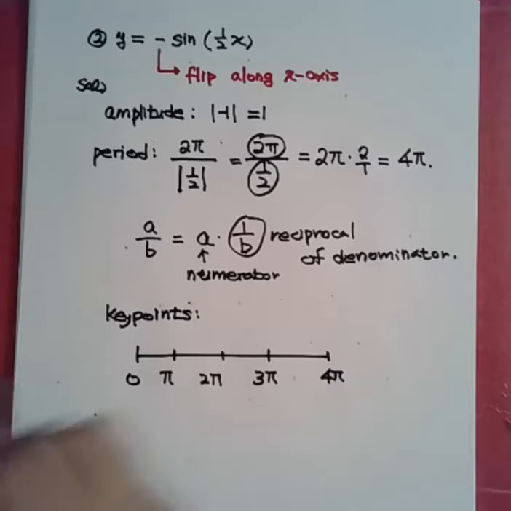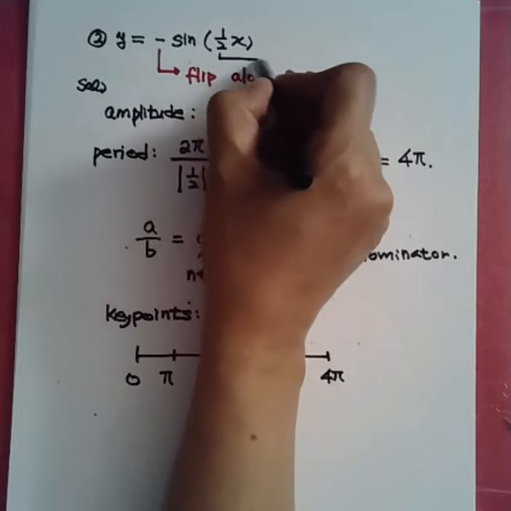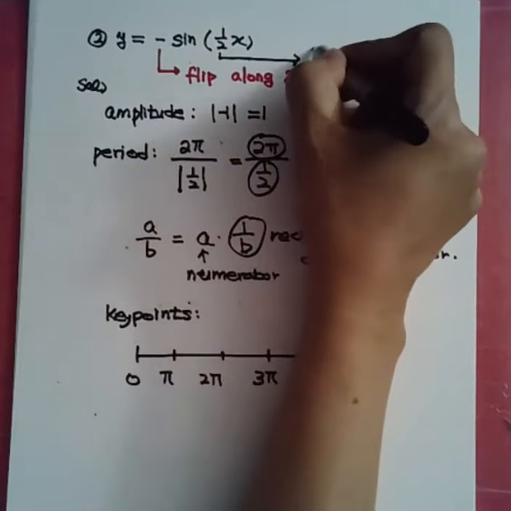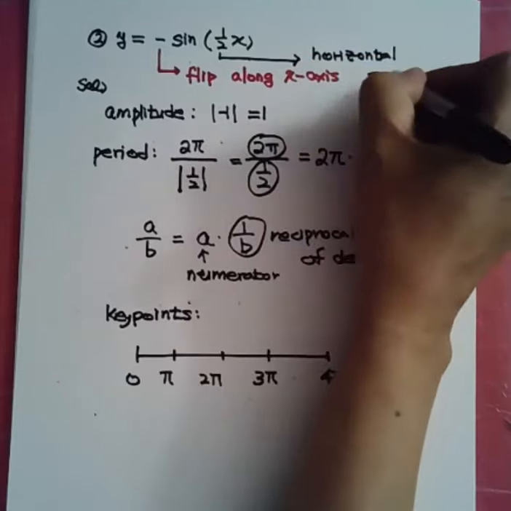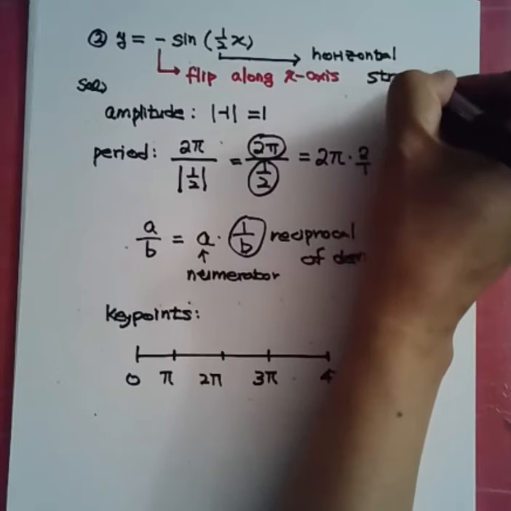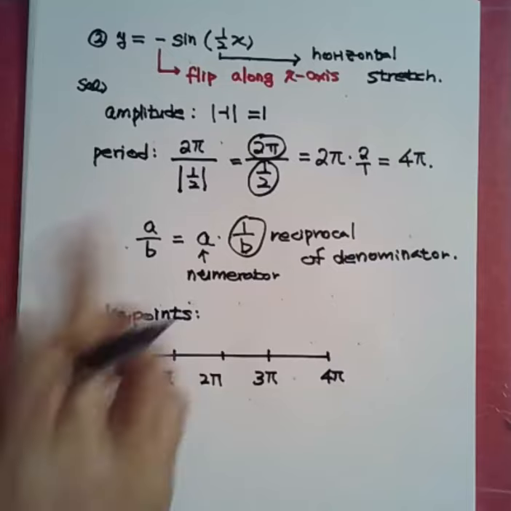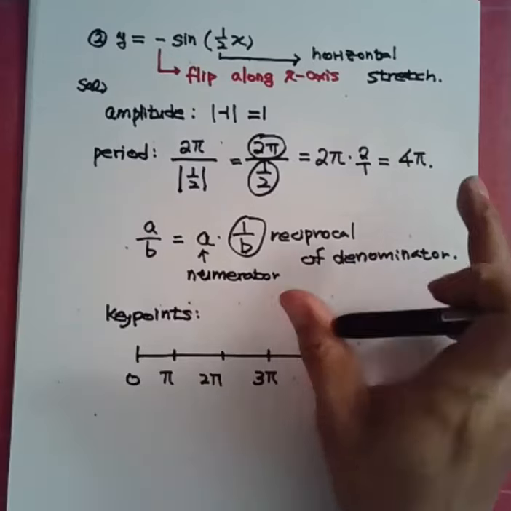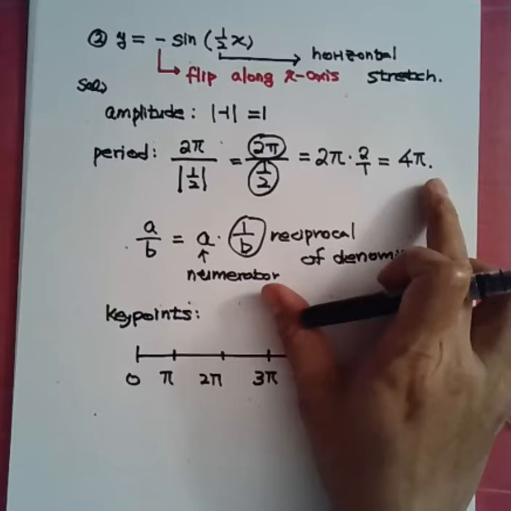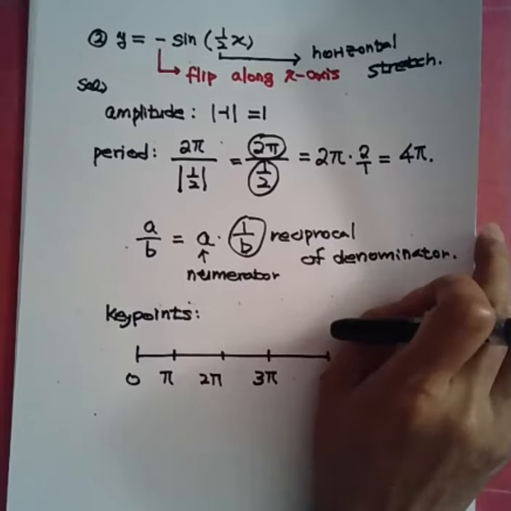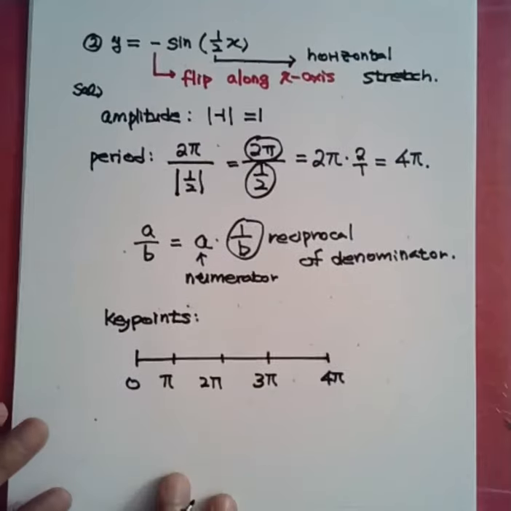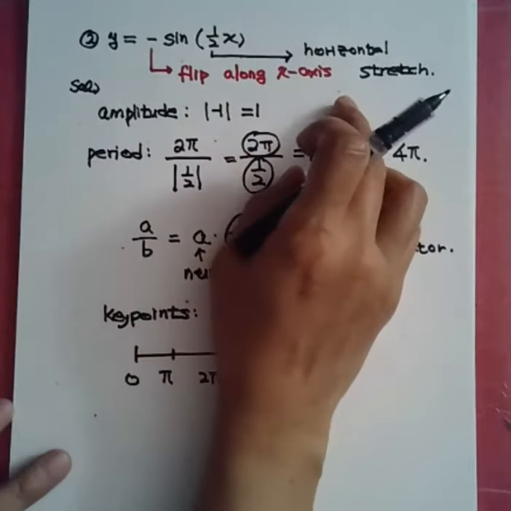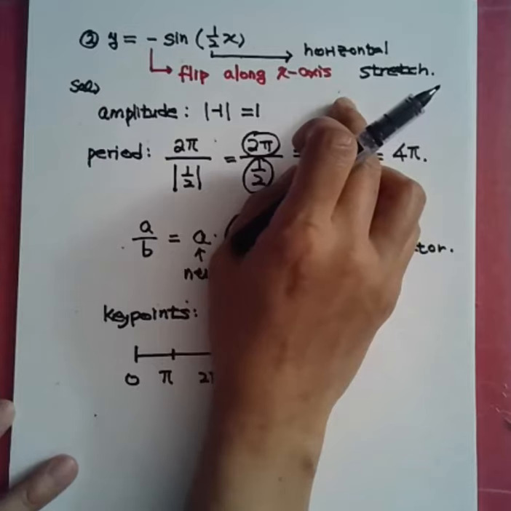From here, by multiplying by 1/2, there is a horizontal stretch. By looking at the period, you can notice that the period becomes larger because it is horizontally stretched. It's twice bigger than the original one. And there is a reflection along the x-axis.